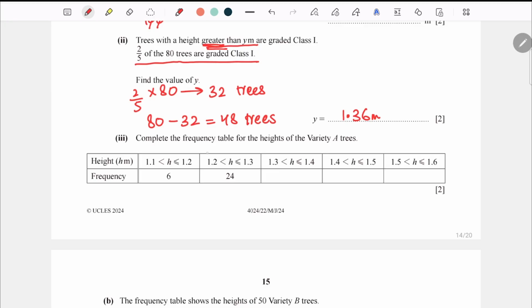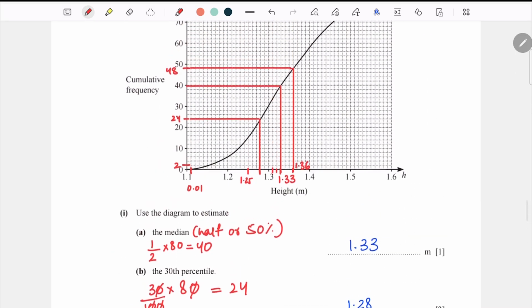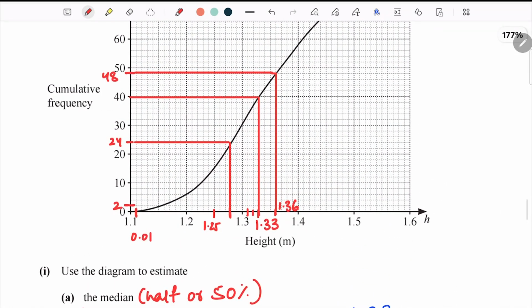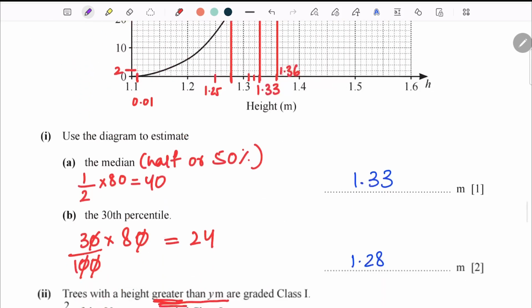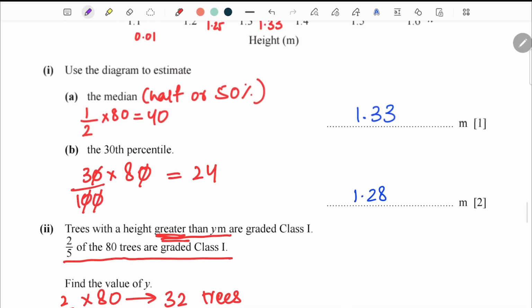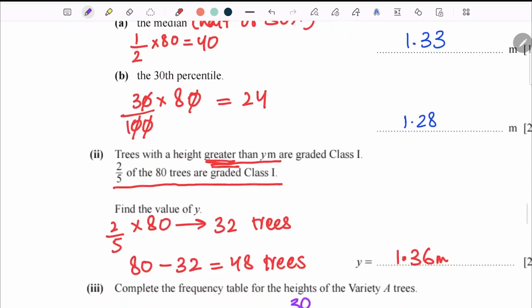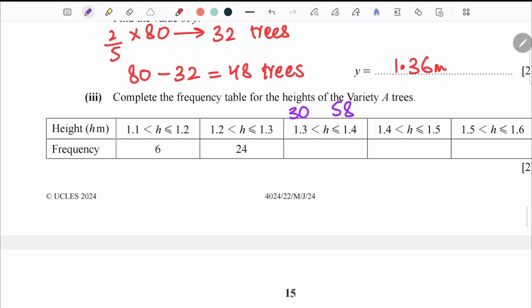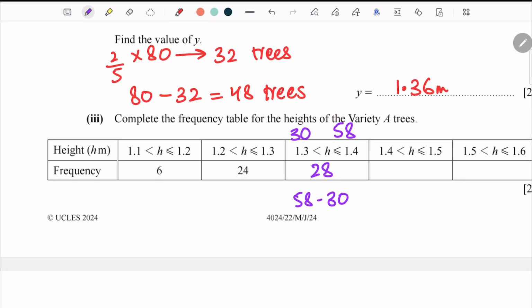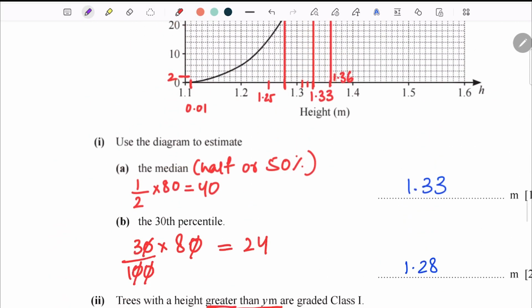Now in part 3, complete the frequency table for the heights of variety A trees. The first two are given. We have to find 1.3 and 1.4. I'm going to check the cumulative frequency at 1.3. At 1.3, it is basically 30. And at 1.4, this is equal to 58. So I'm going to subtract 58 and 30. 58 minus 30 is basically 28. Then I'm going to repeat this same thing with 1.4 and 1.5.